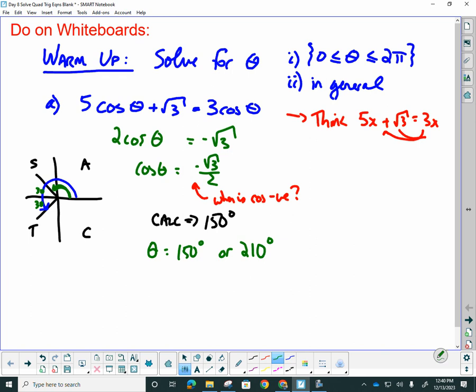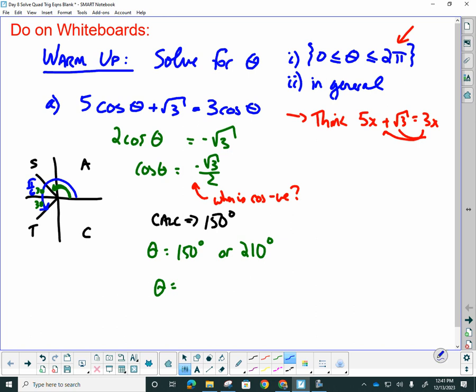It's easier to think in degrees, but we need to actually answer in radians because that's what the question asks for. And so we've got to convert it back to theta being, well, again, think of this as 30 degrees is pi over 6.